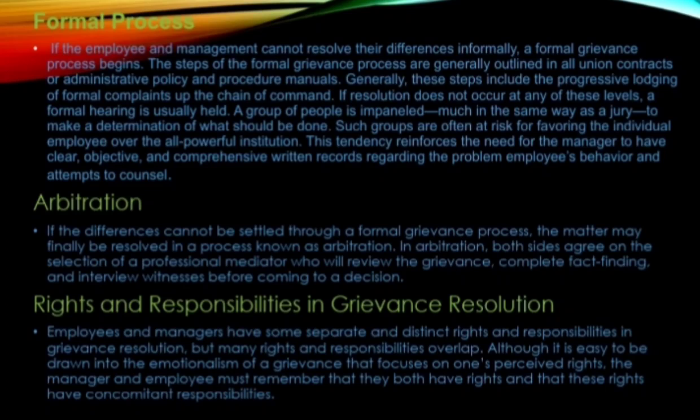The steps of the formal grievance process are generally outlined in union contracts or administrative policy and procedure manuals. Generally, these steps include the progressive lodging of a formal complaint up the chain of command. If resolution does not occur at any of these levels, a formal hearing is usually held.